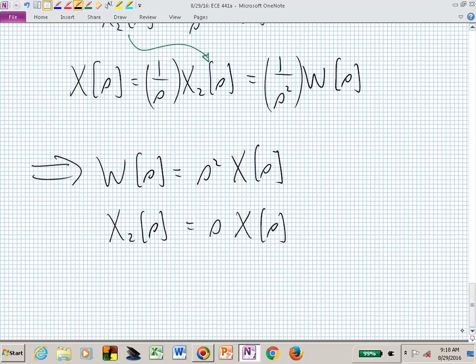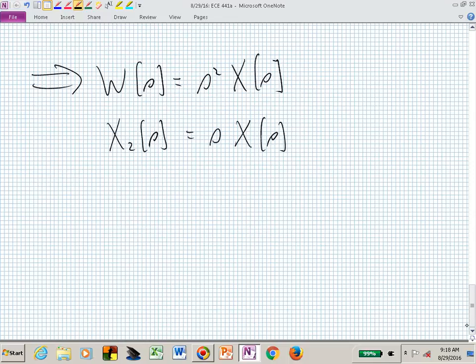And what we want to do now is rewrite our earlier equation, the beta equal alpha 1 plus alpha 2 plus alpha 3, and replace the w and the x sub 2 with these relationships involving x.